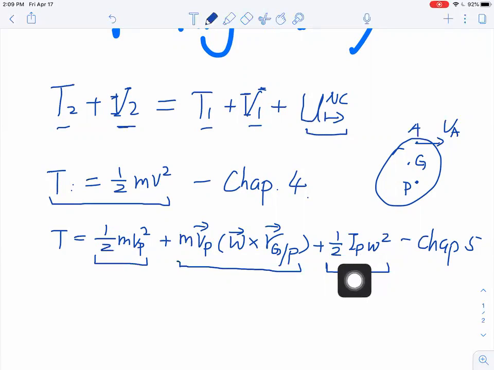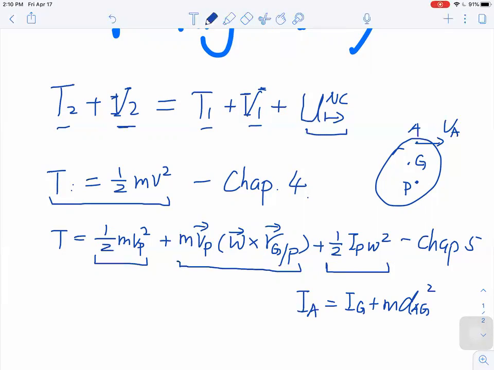IP here is the moment of inertia about point P. And a quick review: if point P is not the mass center, we can use the parallel axis theorem to find the moment of inertia about any point on the rigid body, right? That goes like I about any point is defined by IG plus m d squared.